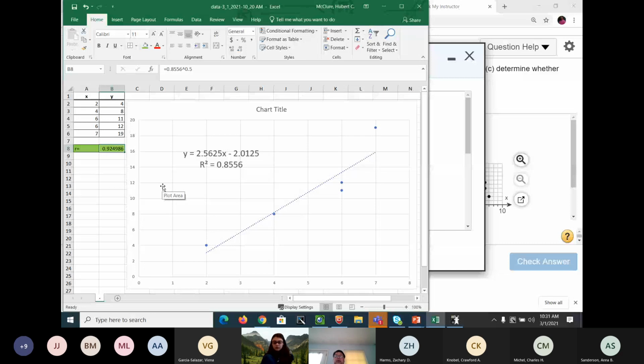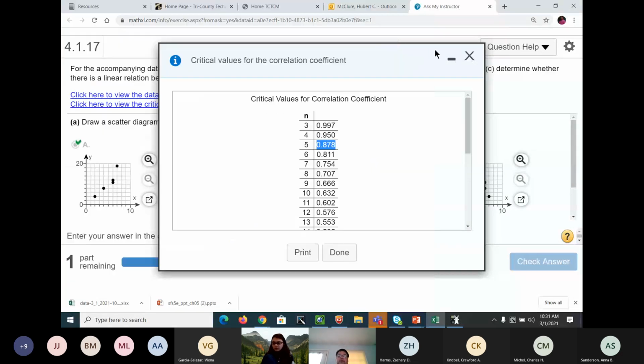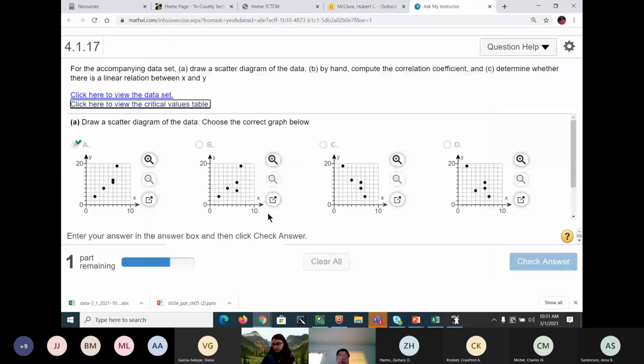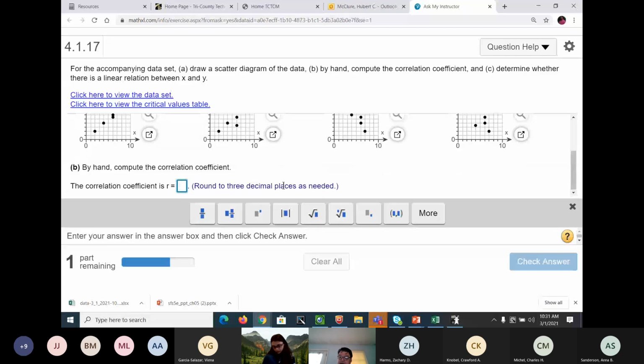0.925. And that's way above the critical value. So down here, we're going to say the correlation coefficient is 0.925.